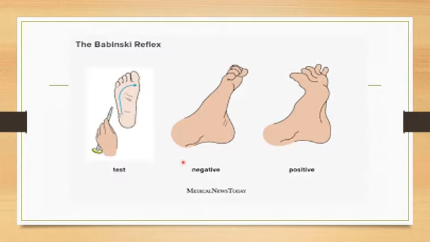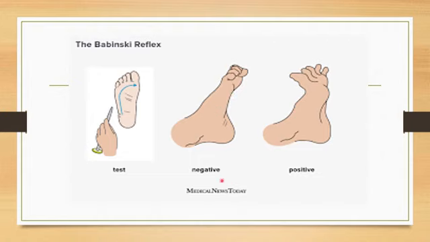You can see here how the test is done. For the plantar reflex, with the help of a pointed object, we stroke over the lateral area of the sole coming towards the great toe. In this way, the response normally seen is plantar flexion; all the toes will be flexed. You can try this at home.